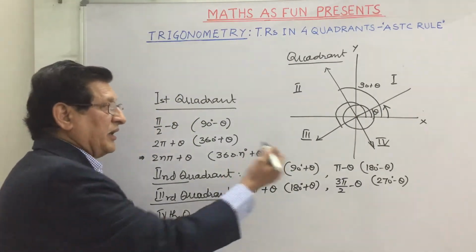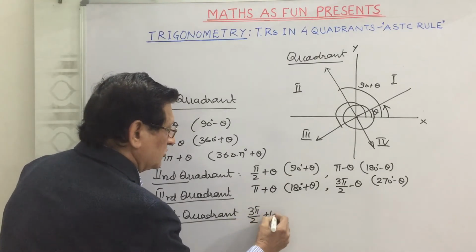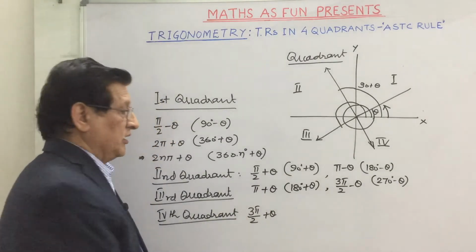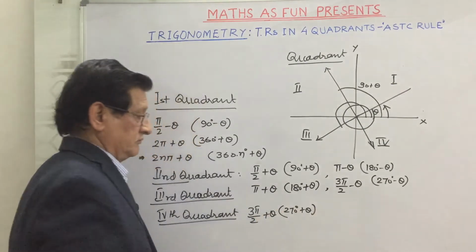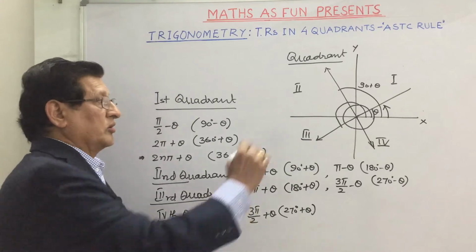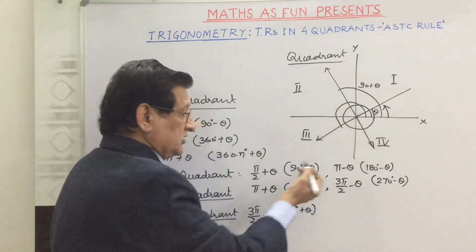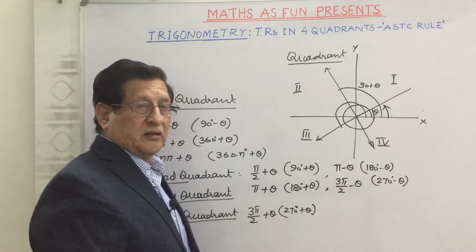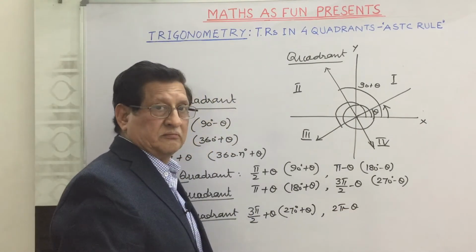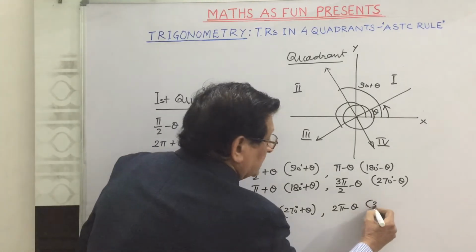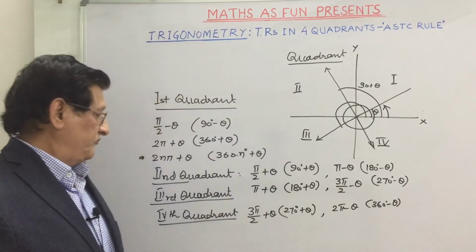So we say any angle which is 3 pi by 2 plus theta, in degrees 270 degrees plus theta, or it is less than 360 degrees, it means 2 pi minus theta, or 360 degrees minus theta, also lies in the fourth quadrant.